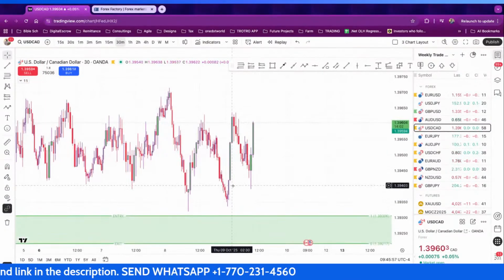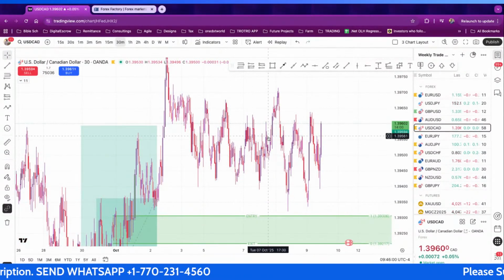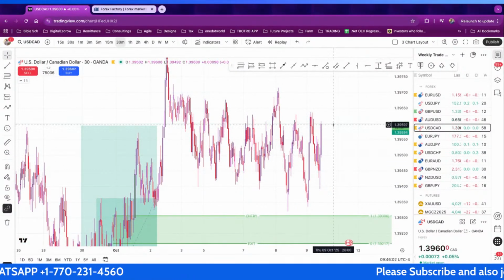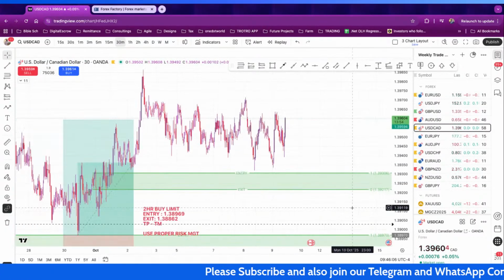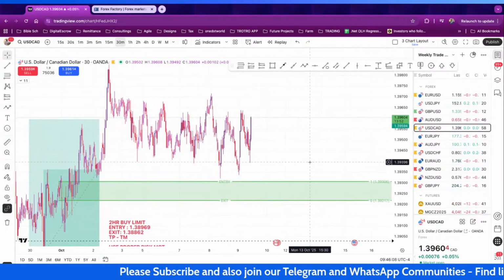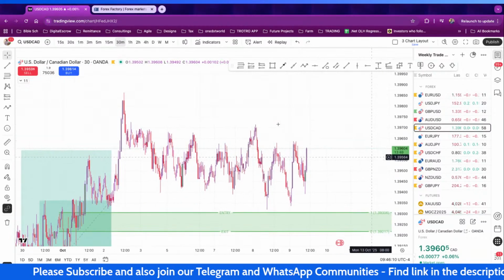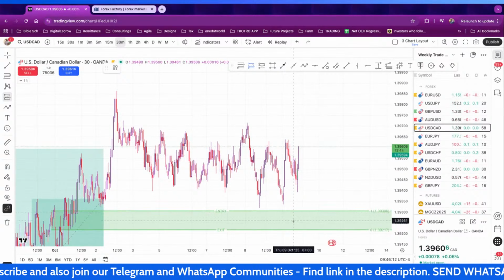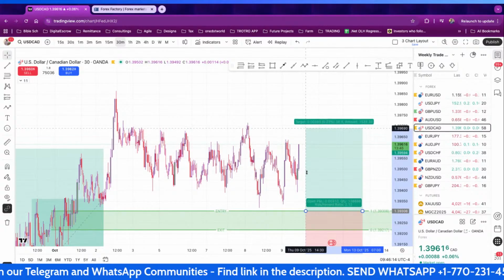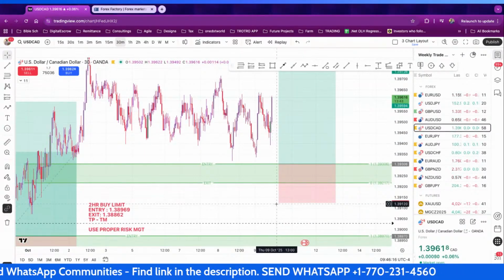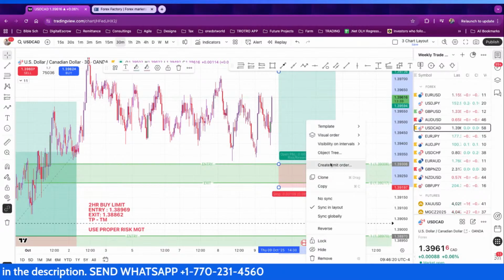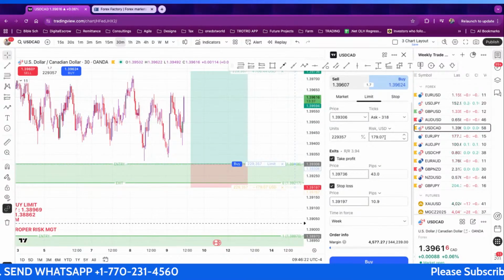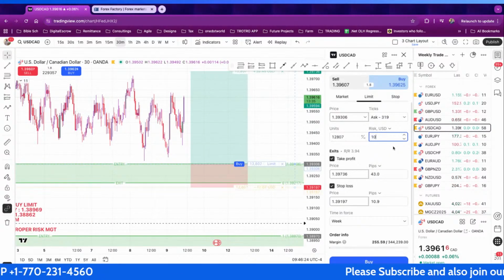It didn't touch it, but the market is pretty much choppy. You guys can see that. Look at what the market is doing. It's almost sideways, but it's still a good zone. Let's see if it can pick us up and then still move up. Let's see if we can get some good, decent, well calculated luck over here, because we've done our work. Right, let's see over here. That's the USD CAD, right?